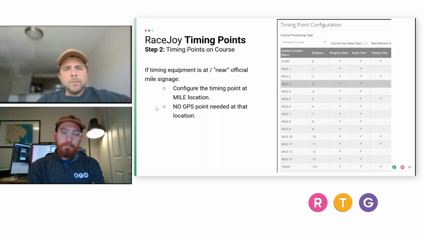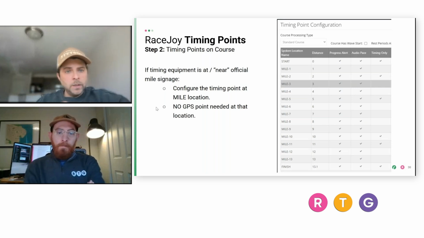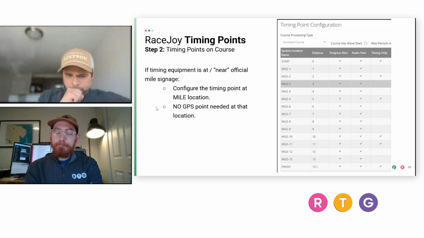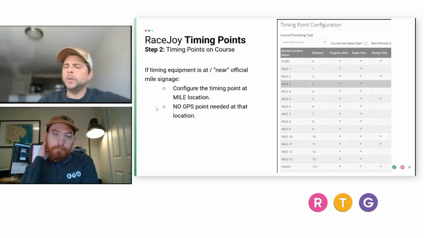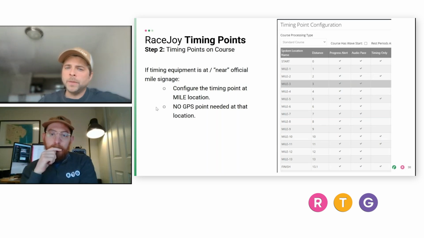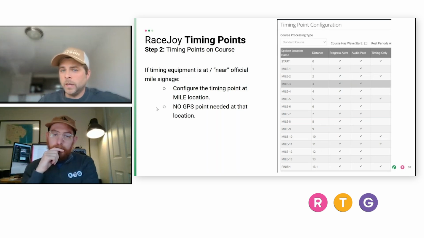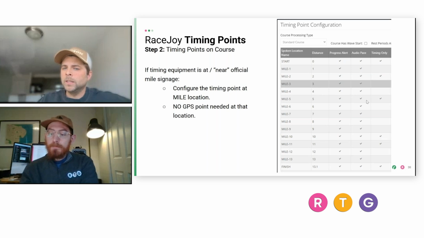So the timing points on the course, if a timing equipment is near an official mile signage, configure the timing point at that mile location because you don't need the GPS notification as well, but you need to set points that have timing hardware as timing only locations. You can see on this image, the start is timing only, mile 2 is timing only, mile 5, 10, 11, and the finish.